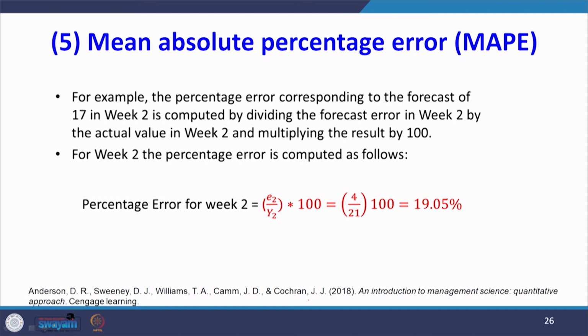For week 2, the percentage error is computed as follows. Percentage error for week 2 equals error 2 upon the actual value for week 2. The error is 4, the actual value is 21, multiply by 100, you will be getting 19.05 percent. I will show you in the next table.